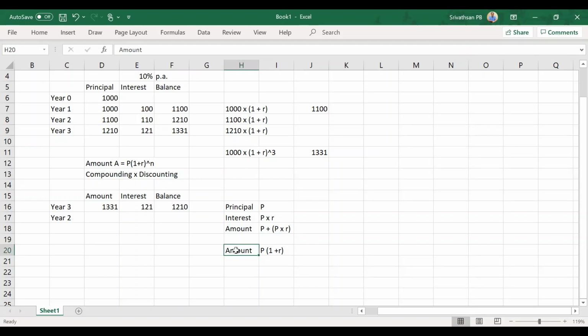Now I have the amount, which is 1331, and I know the rate, 10% or 0.1. So to find the principal P, all I have to do is 1331 divided by 1 plus 0.1, or 1.1. So 1210.